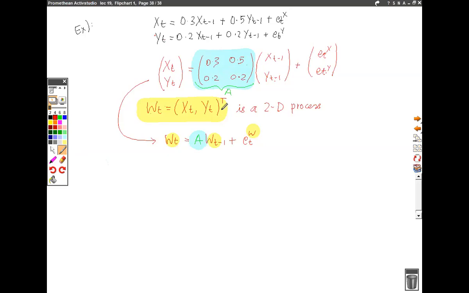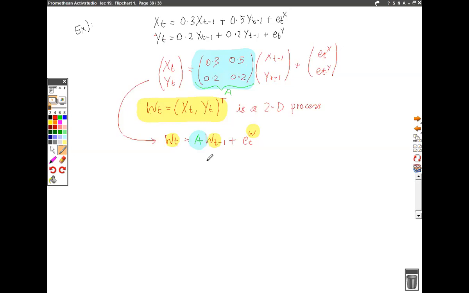So now I have to figure out a way to check for the stationarity of this process here. But I know that wt and wt minus 1 are vectors. Previously, we used to check the stationarity by looking at the roots that we get for the characteristic equation or the polynomial, right?